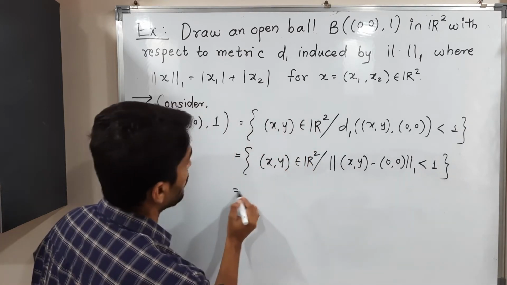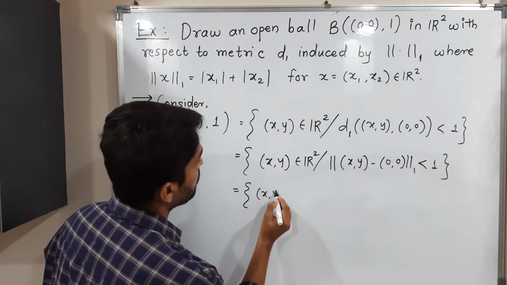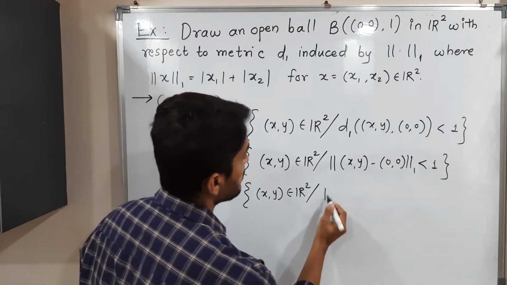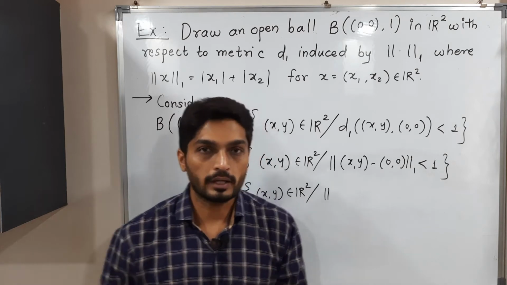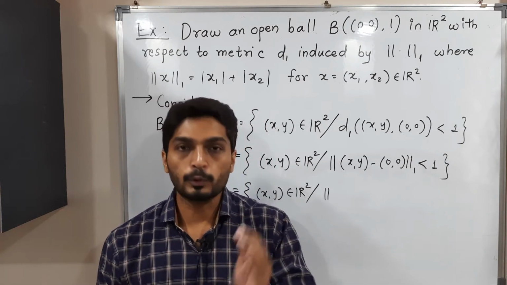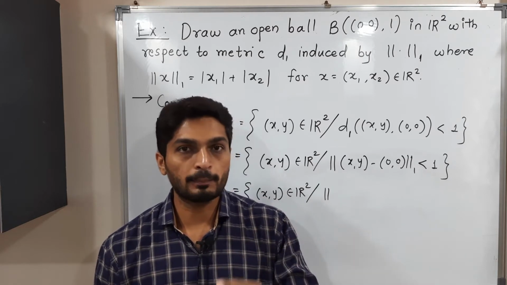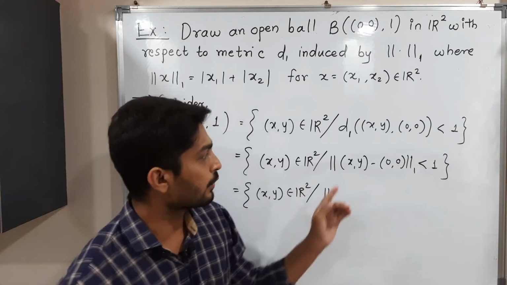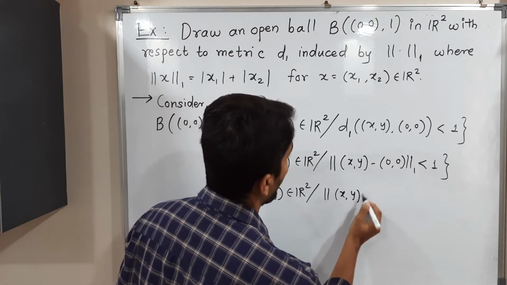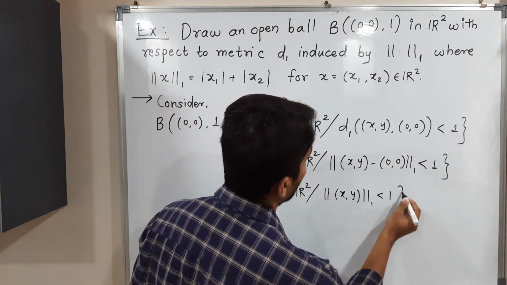Do you know how to subtract if we have two elements of R2? First component minus first component, second component minus second component. So therefore we will have norm 1 of (x minus 0, y minus 0) less than 1.